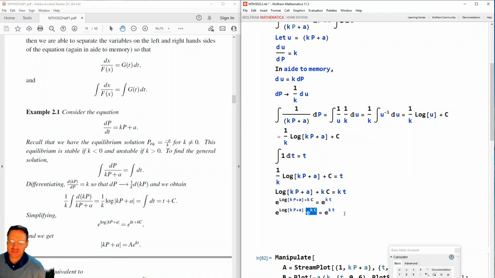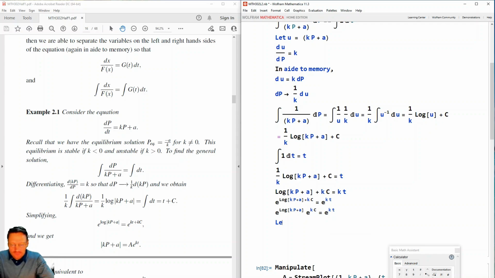So that's just an exponent law. Now at this point I can say let e to the ck be equal to A, just another constant, and then we're almost there.